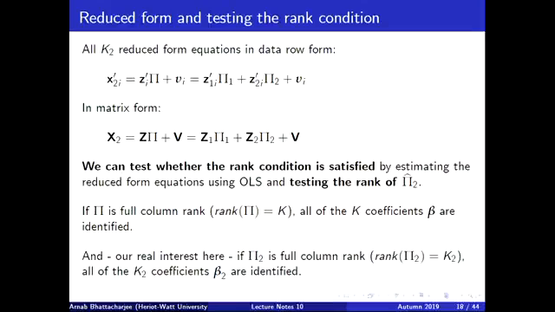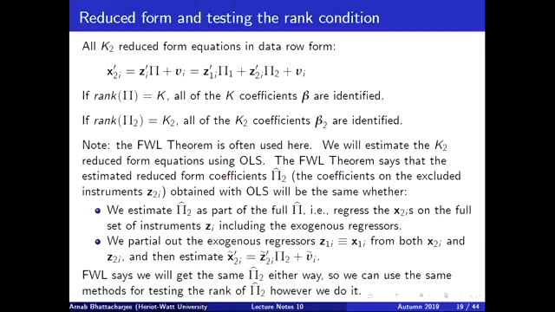All right? Right. So if rank pi is equal to K, all of the K coefficients beta are identified. If rank of pi 2 is equal to K2, all of the K2 coefficients beta 2 are identified.